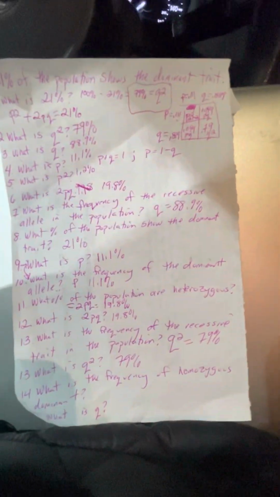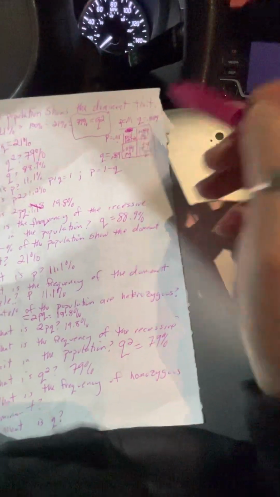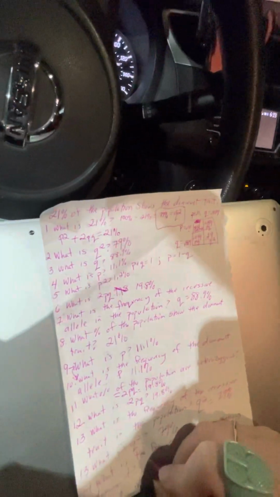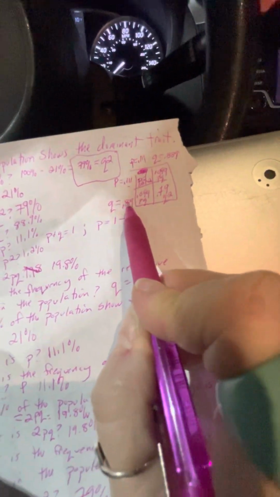The homozygous dominant trait is P squared. So we're back up here to 1.2%. And what is Q? Q is 0.889 or 88.9%.